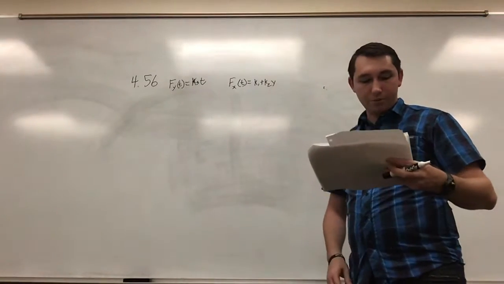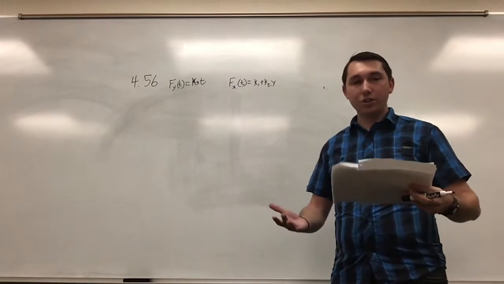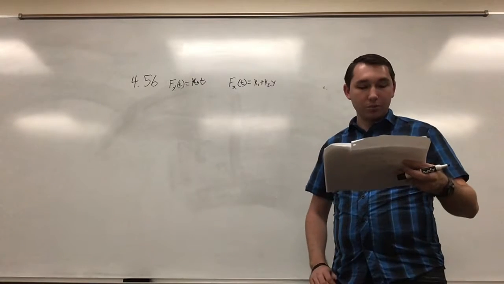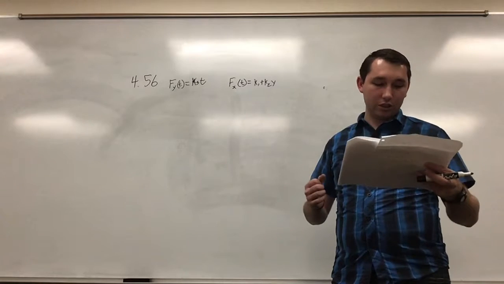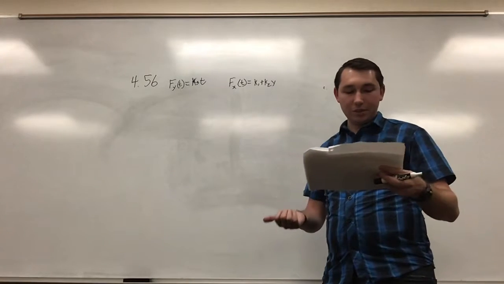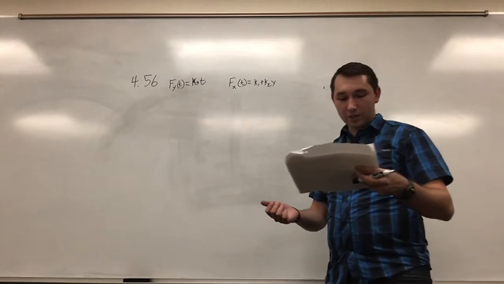Alright, so this time we're doing problem 56 from chapter 4, and the question says, an object with a mass of m is at rest in equilibrium at the origin. At time equals 0, a new force is applied that has components.